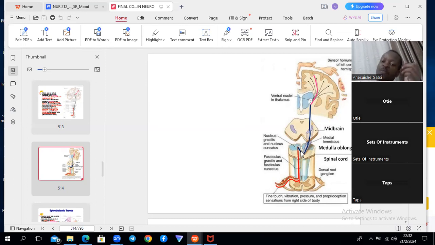Then these internal arcuate fibers will ascend as the medial lemniscus. There's a reason why it's called a lemniscus, and a reason why we're calling it medial. There'll be a lateral, a spinal, a trigeminal. You do that in the brainstem. Then when it reaches the thalamus, we get the third order neurons that radiate to the cortex.